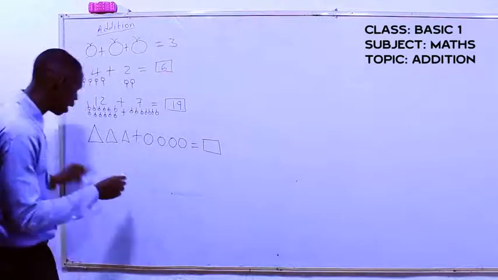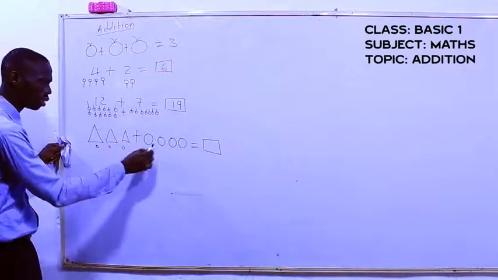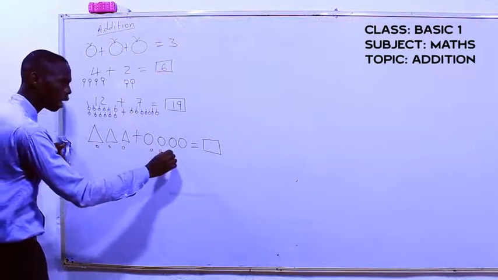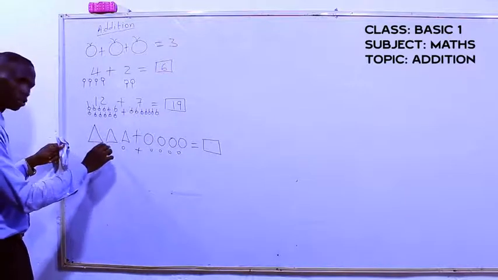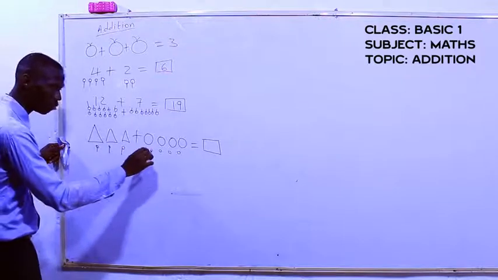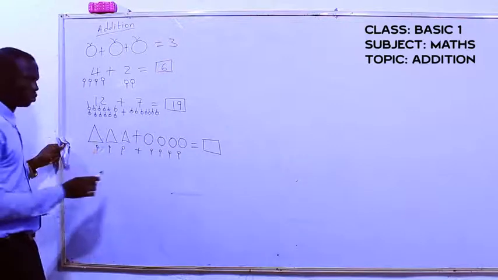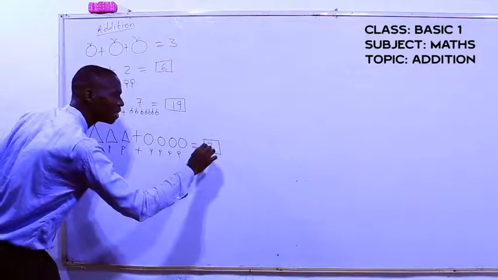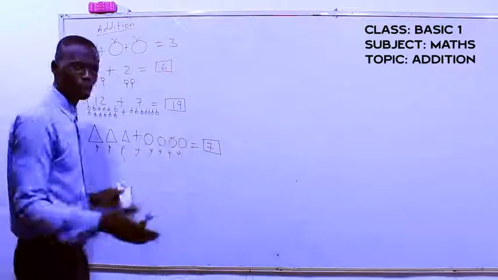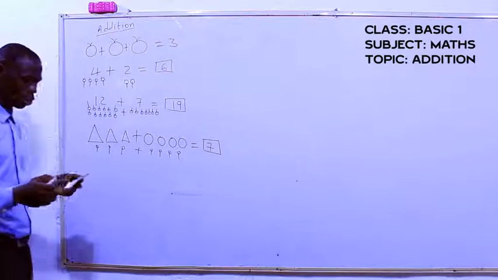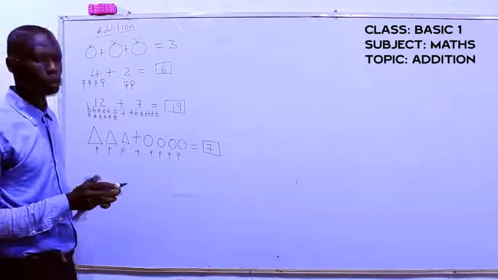I know how many they are. You count 1, 2, 3. This one, 1, 2, 3, 4. Count all of them together. 1, 2, 3, 4, 5, 6, 7. Right, 7. You've added triangle and circle together. This is what is called addition. Joining two or more numbers together.